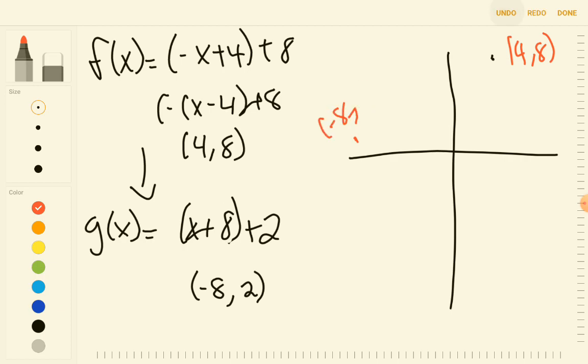And now we would have to flip over the y-axis, which would make it negative 4, comma 8.